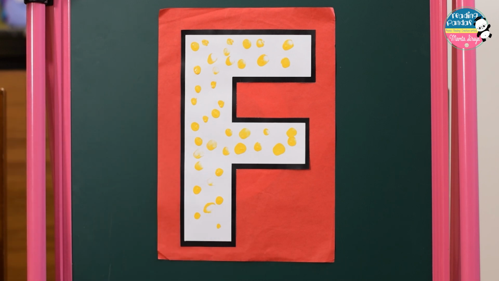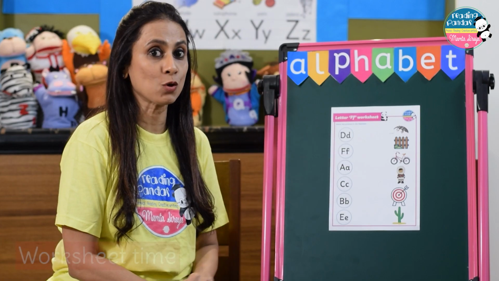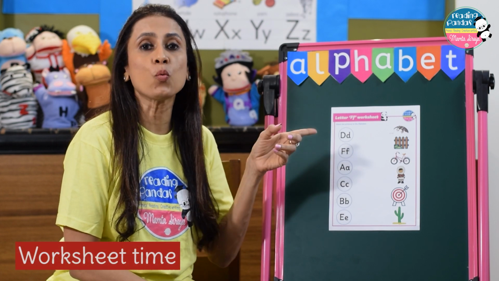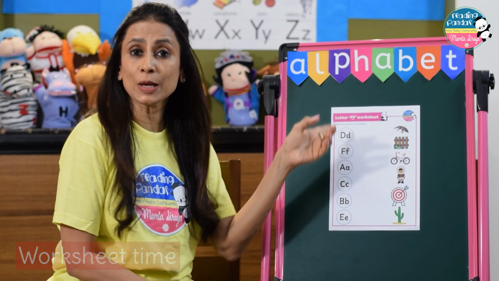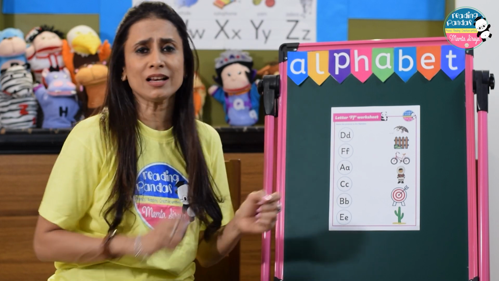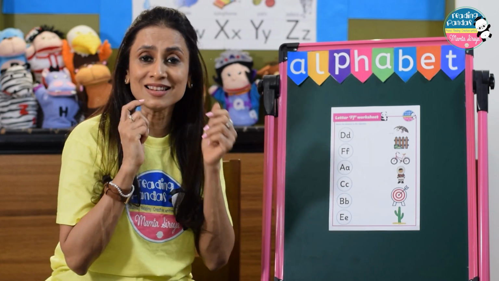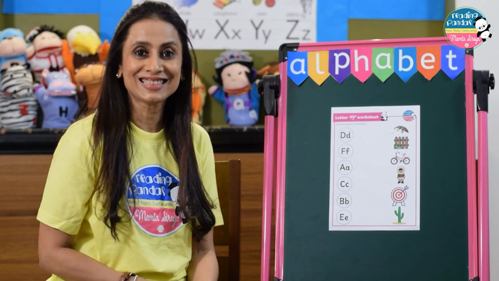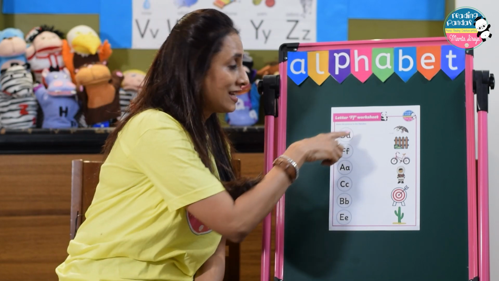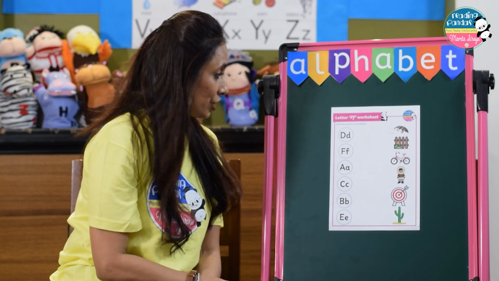Isn't it lovely? Yes. And you know what? What are we going to solve now? Yes, it's worksheet time. So keep your worksheet ready. Quickly run and grab a crayon of your favorite color and let's get going. So now this is a letter F worksheet here.